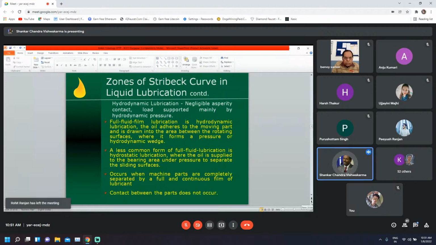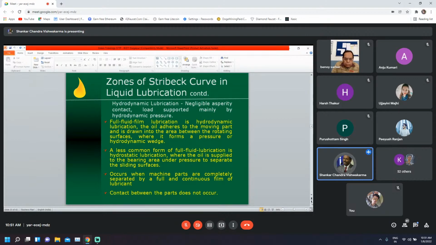And this is the most ideal situation, the third zone, hydrodynamic lubrication, because here negligible asperities are in contact. The load is supported mainly by the hydrodynamic pressure. That means the total load is supported by the hydrodynamic pressure of the liquid, and the film is taking care of that.